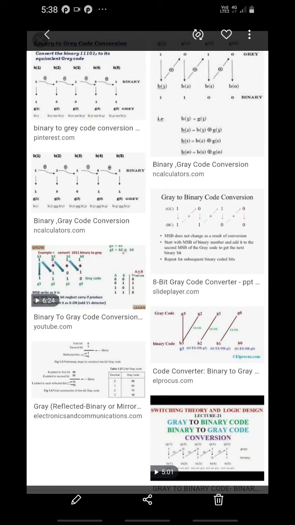This MSB is as it is, that is 1, and 1 plus 0 is 1, and 0 plus 1 is 1, 1 plus 1 is 0.